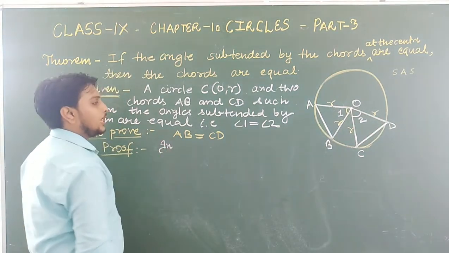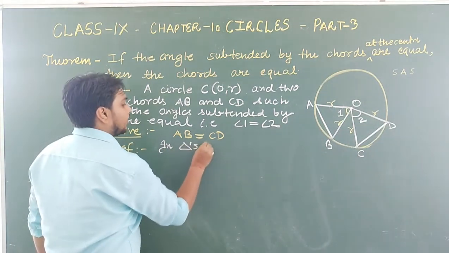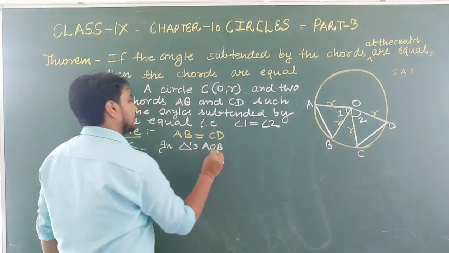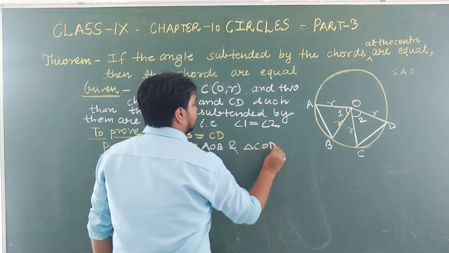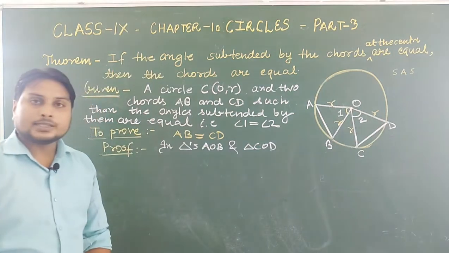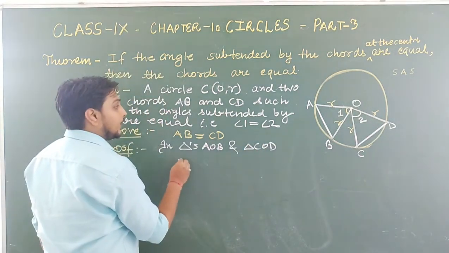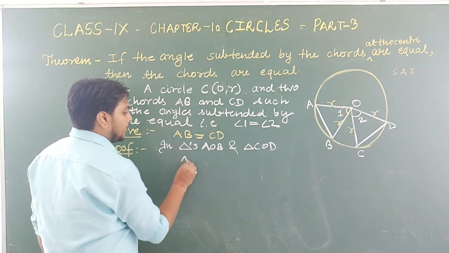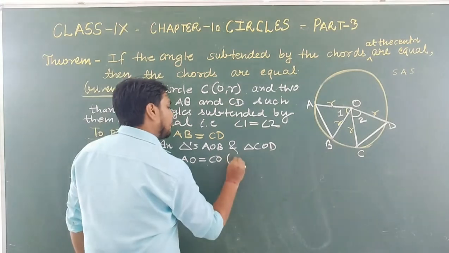So how will we write that? Let us see. In triangles AOB and COD, in these two triangles, students, you can see that the side AO is equal to CO. Why?